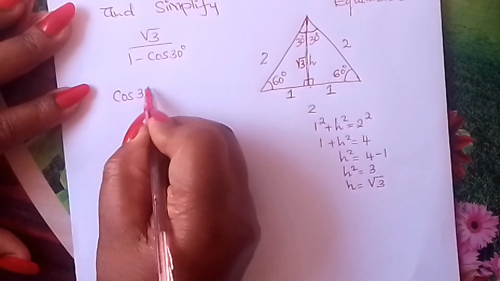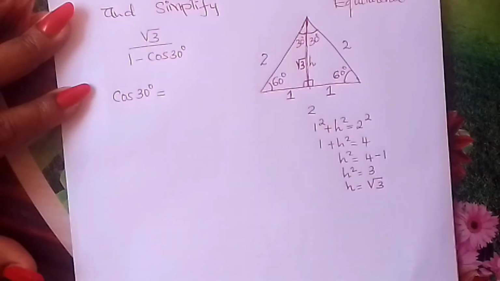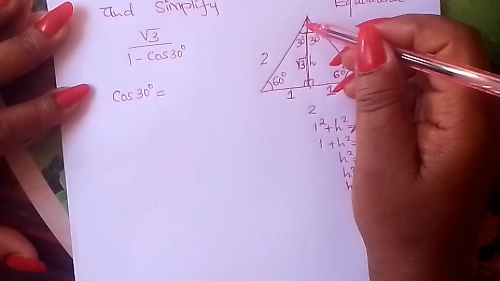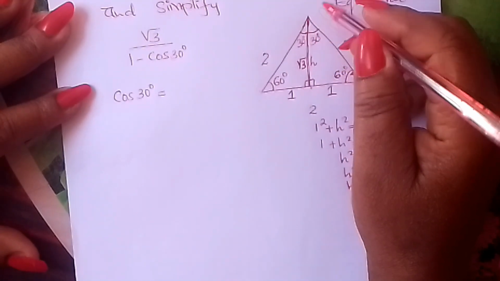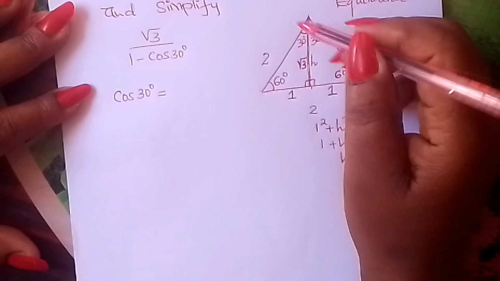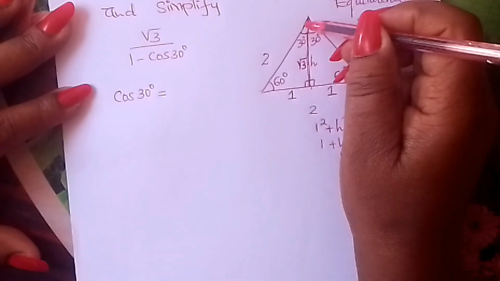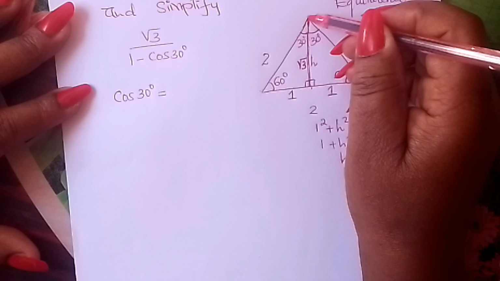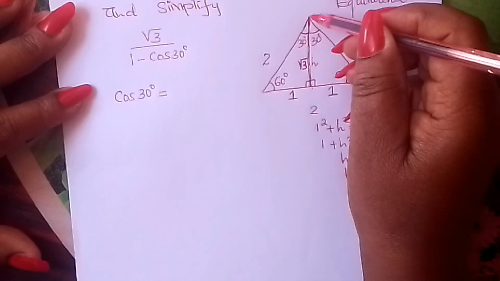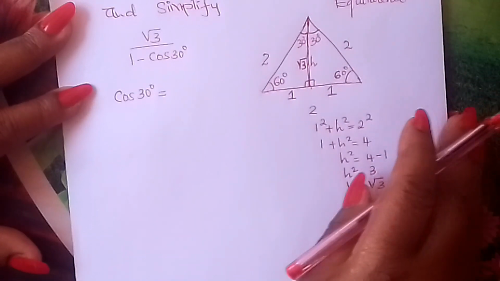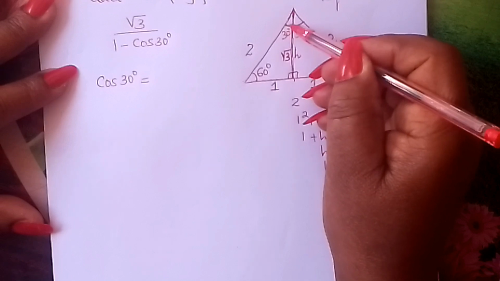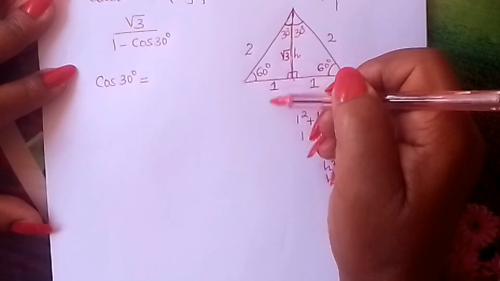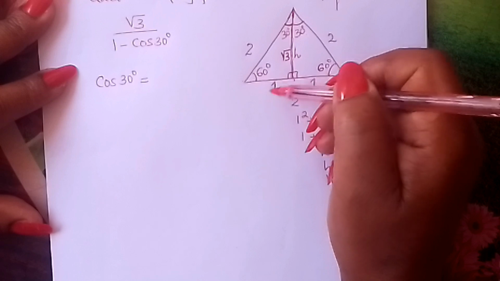Therefore, learner, what is cos 30 degrees? From our diagram, cos 30 is equal to adjacent over hypotenuse. If this is the angle 30 degrees, the side directly on the other side is called opposite.